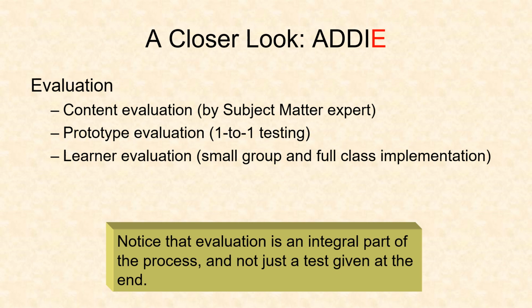Similar to what is found in the Dick and Carey model, the last phase in ADDIE is evaluation, and they're suggesting content evaluation by a subject matter expert. Ensure that the content is substantial and is appropriate and effective. Evaluate the prototype.